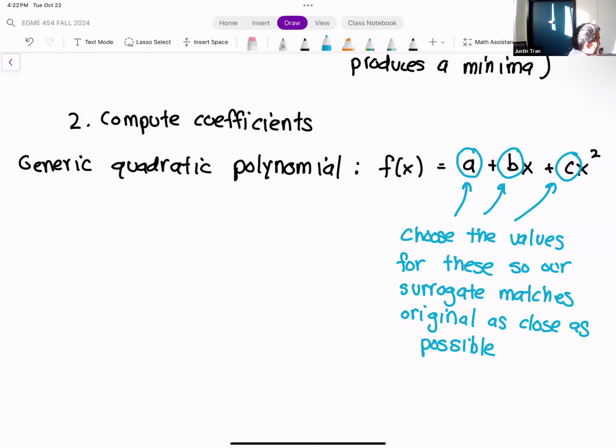Okay. So how do we do that? How do we choose these to make sure it matches our original? I think the best way to illustrate this is with an example. But just to sum it up in a nutshell, we have three coefficients to choose here. And so the best way for us to choose their values is to evaluate our original function at three different locations and use that to compute these values.